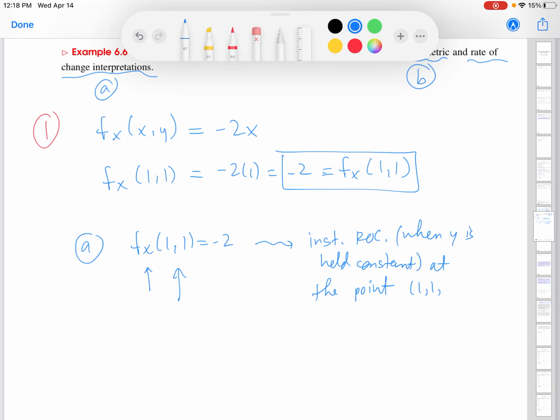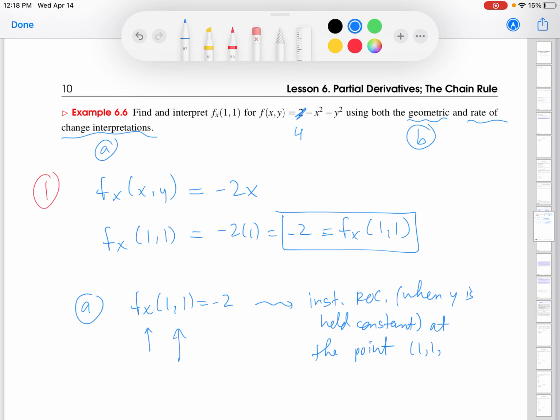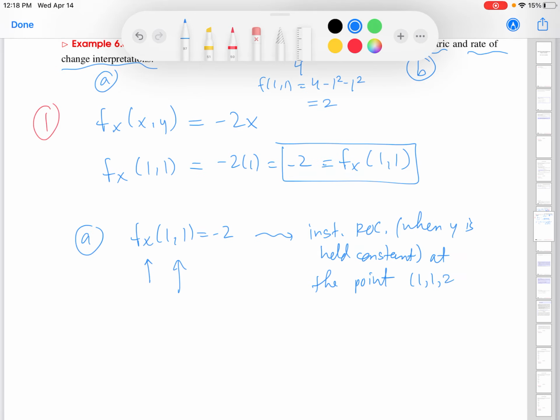And then I'm going to put in here the z value, so now I do need to go back and remember that I had put 4 here. So f of 1, 1 is 4 minus 1 squared, that's 2, at the point 1, 1, 2.